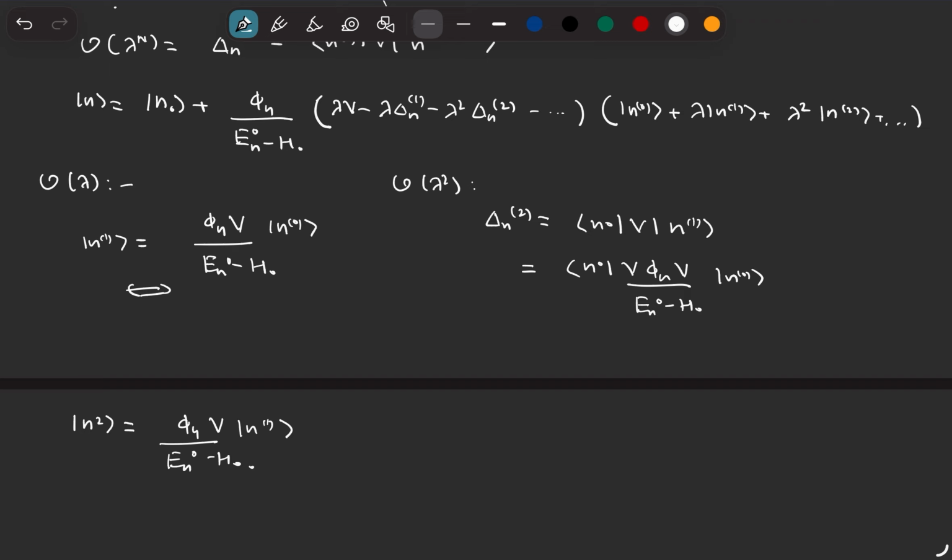And now for the second order term, another second order term will be this term out here going with this term, probably.